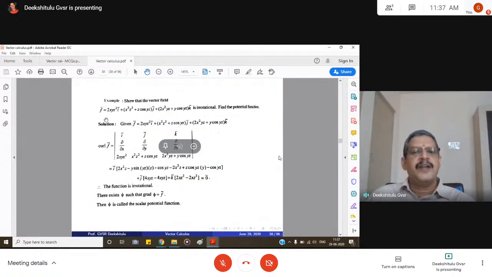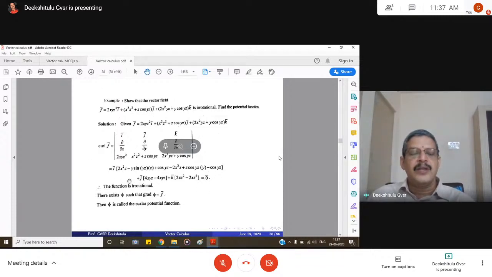Show that the vector field F bar is equal to 2xyz² i plus (x²z² plus z cos yz) j plus so on and so forth is irrotational. Find the potential function. These are the standard problems. So first, to show that it is irrotational, find curl F: i, j, k; ∂/∂x, ∂/∂y, ∂/∂z; and f1, f2, f3 here. This curl F vector clearly becomes 0.